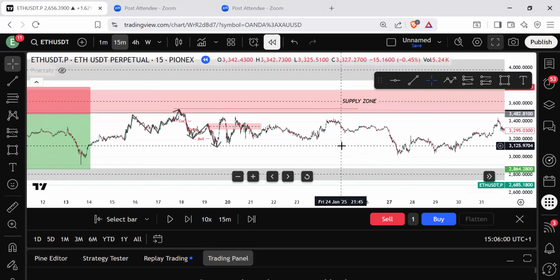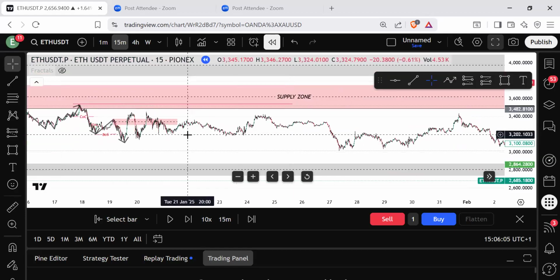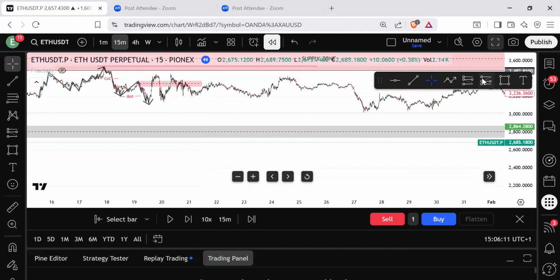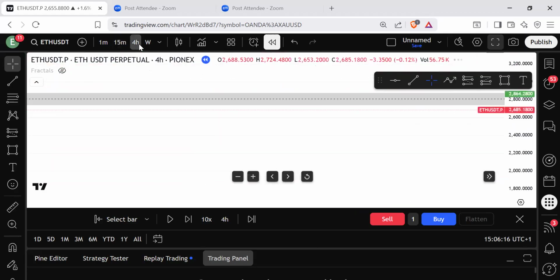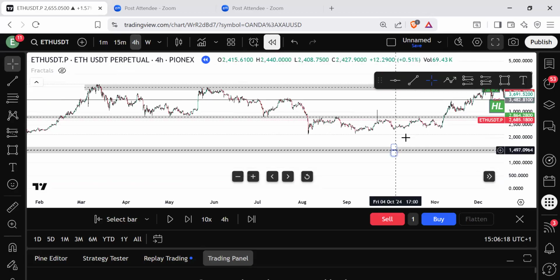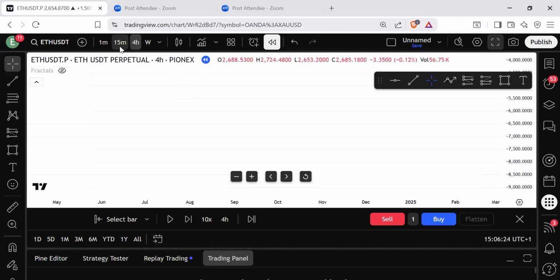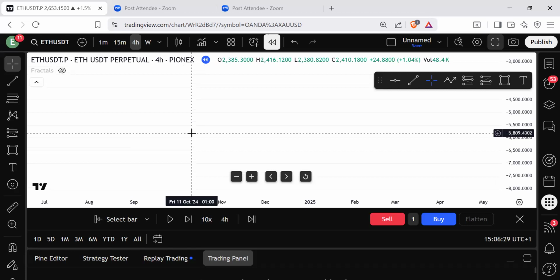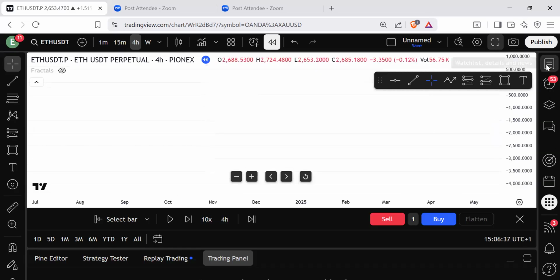What will be the homework for me, Mr. Kevin? What will be the homework based on this? The homework is identifying the valid zones. The key thing we did today is those three things: break of structure, fair value gap, and the third name.